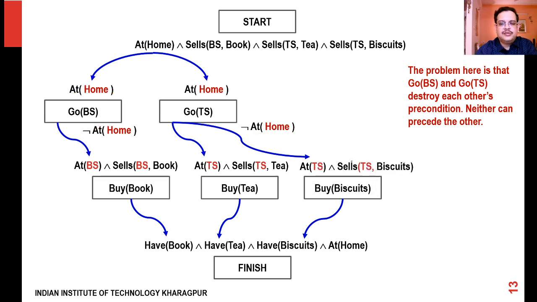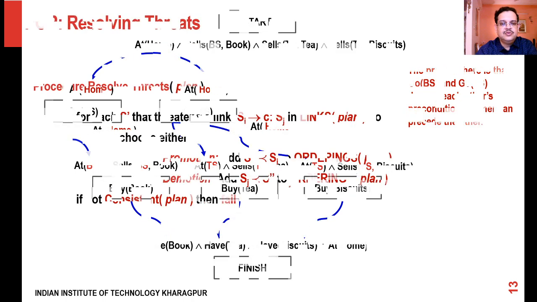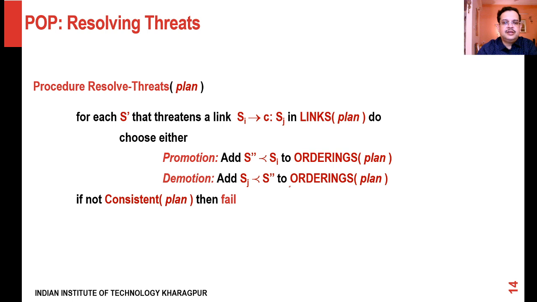So see what is mentioned here in the pseudocode: for each S that threatens a link here. What does this mean? It means that there is an action Sj.